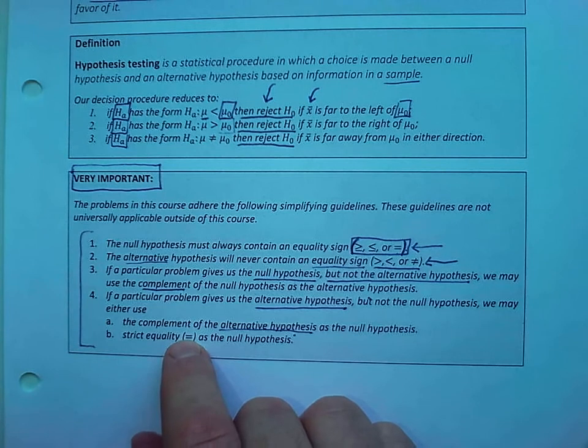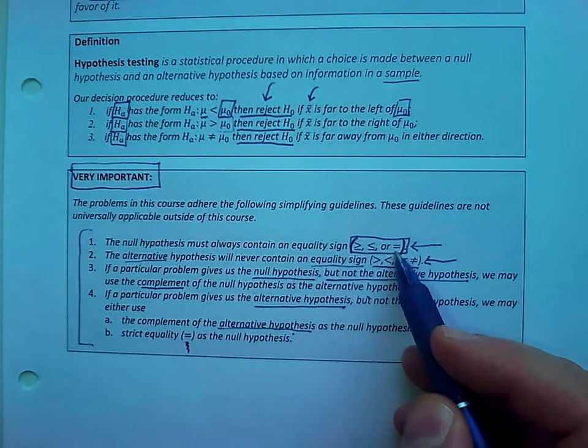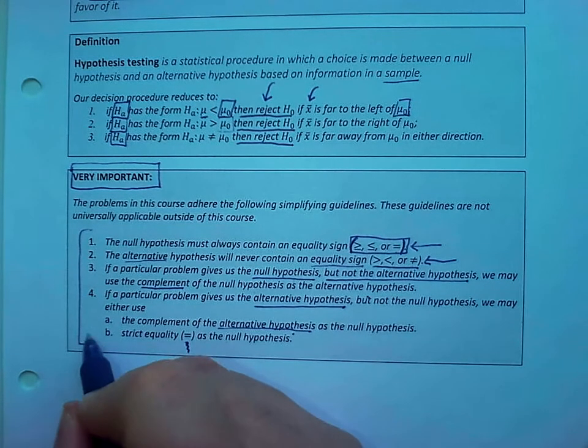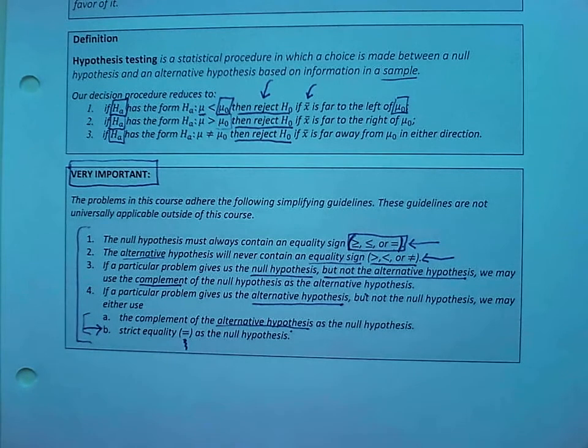But the questions on your homework, on your in-class exams, and on your final exams use these 3 symbols for the null hypothesis. So keep in mind that your textbook primarily just uses B, but your in-class exams, your homework, and your final exam use both A and B. So if you're following along in the textbook, I just wanted to point that out.